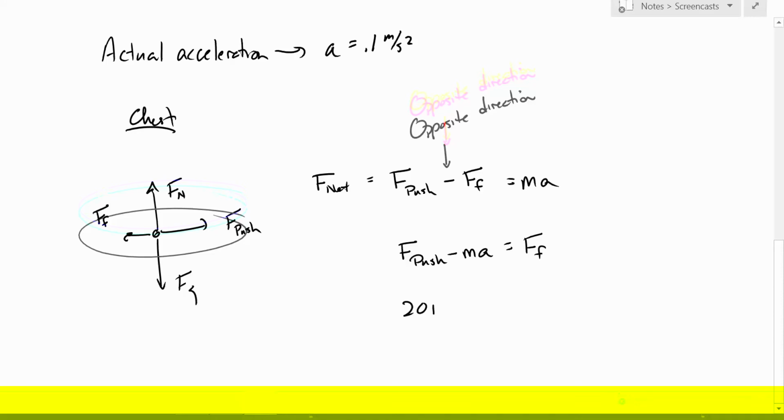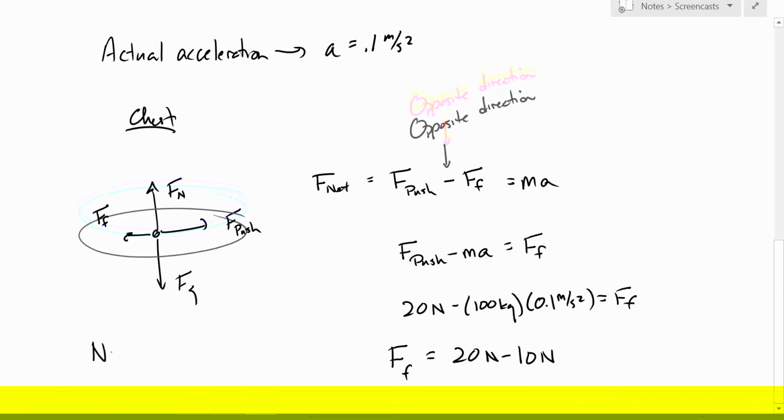This is still his 20 newtons. This is 100 kilograms times 0.1 meter per second squared, because that's the actual acceleration of the chest. And so this is 20 newtons minus 100 times 0.1, which is 10 newtons.